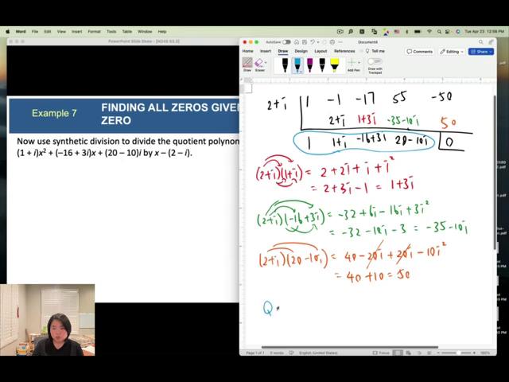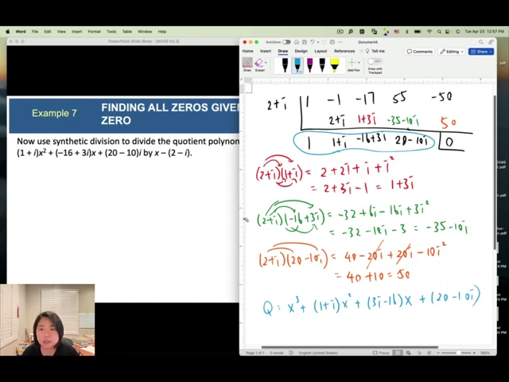So you should have the quotient x cubed plus 1 plus i x squared, and then plus 3i minus 16 x, and then the constant plus 20 minus 10i. Okay, that will be the quotient. And then we're going to divide it by x minus 2 minus i. Okay, that will be the conjugate of 2 plus i.